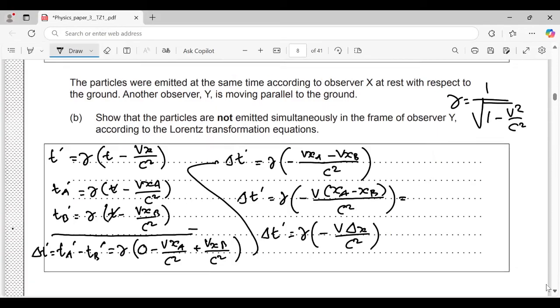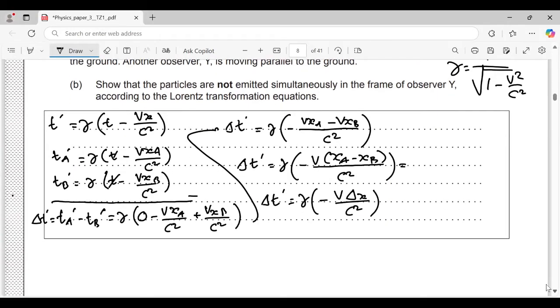So I'm going to add some information that if xA is not equal to xB, then t'A is not equal to t'B.